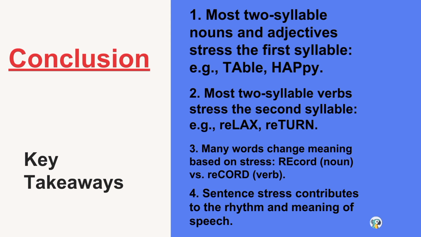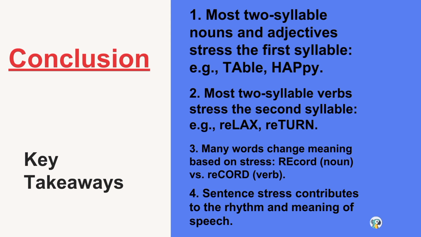Two, most two-syllable verbs stress the second syllable. Most two-syllable verbs stress the second syllable, e.g., relax. In the word relax, lax is the second syllable and it takes the stress. Return. Turn is the second syllable and it takes the stress.